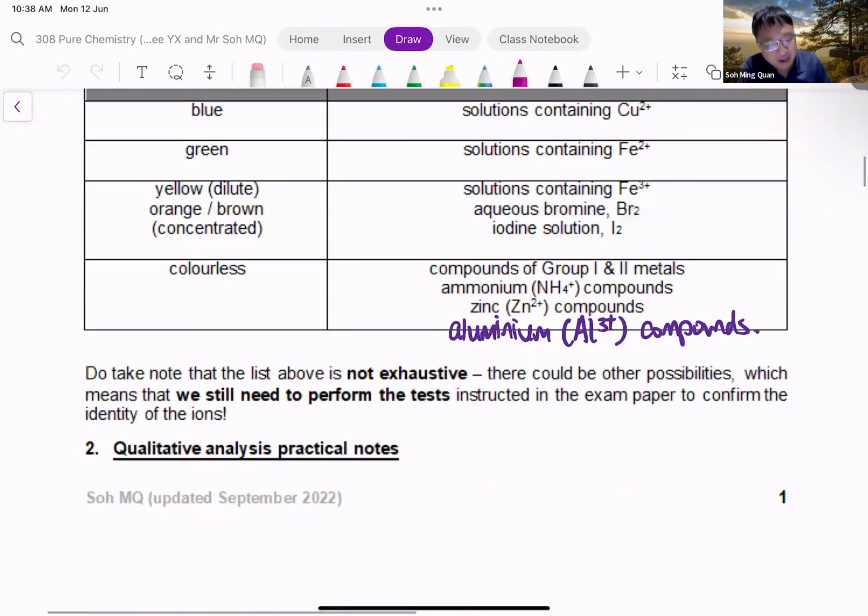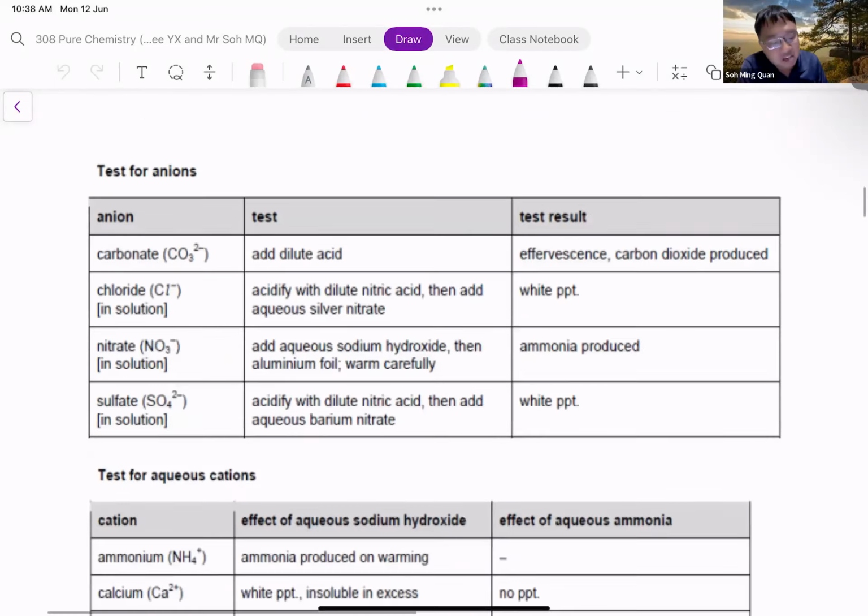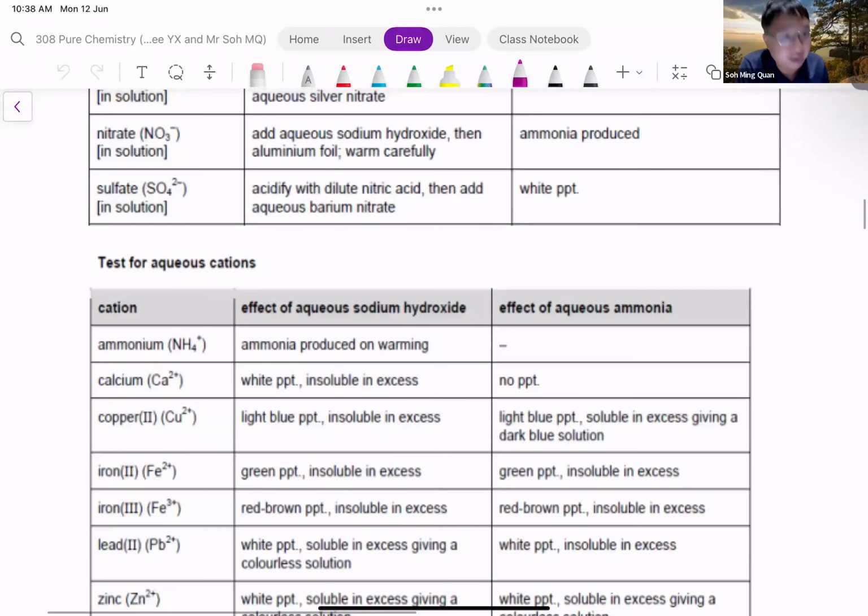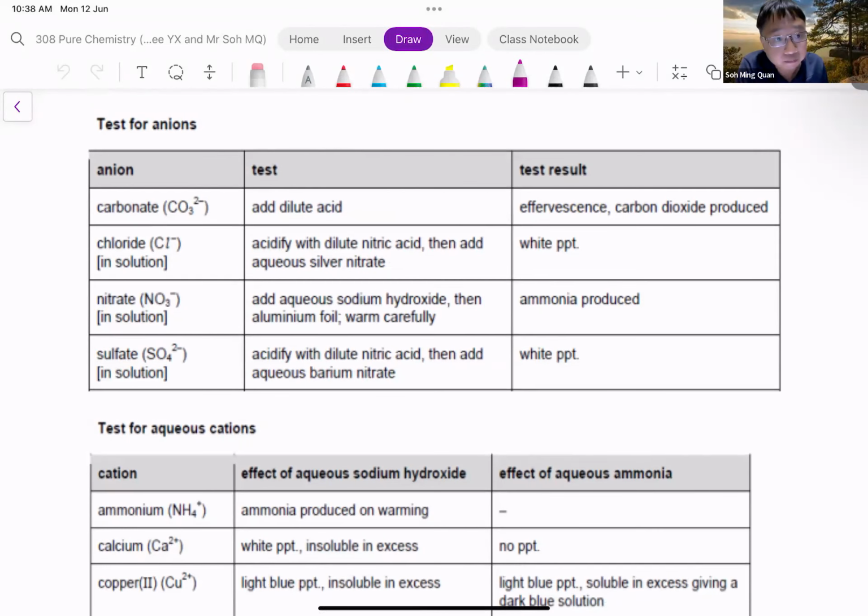Right. Then we have the QA practical notes. These practical notes are given to you in the practical paper. However, I always tell my students this: if you need to flip to the practical notes every single minute because you have not memorized these tests, you won't do very well. And I'm usually right. Because in a practical exam, you have many, many things to deal with already.